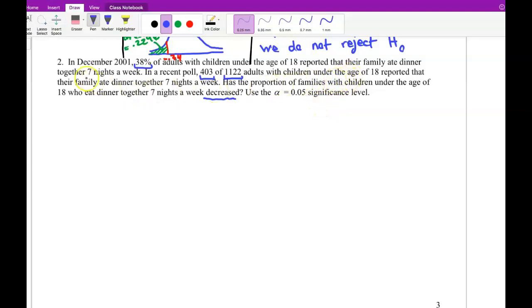So first, we should check all those 3 requirements.